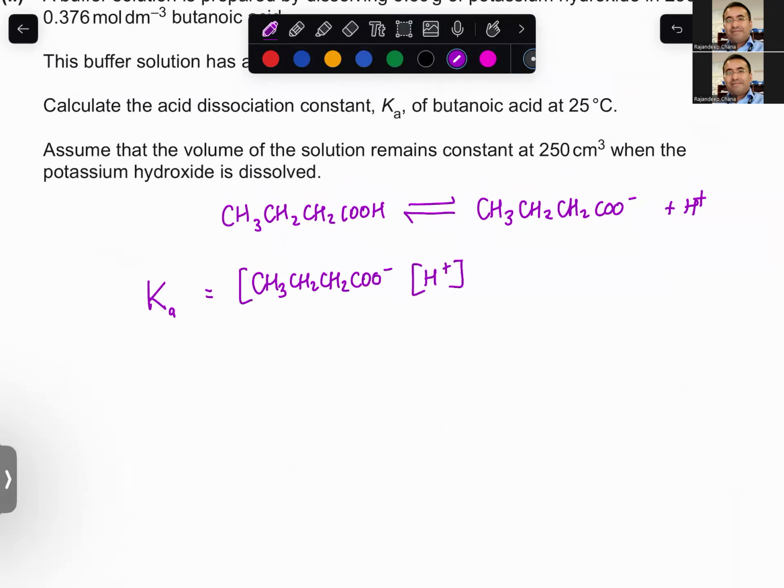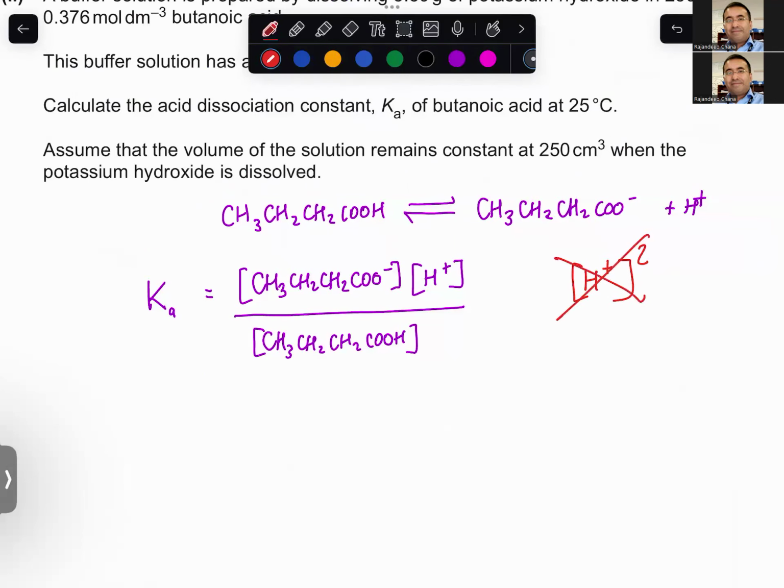You see, when you're dealing with a buffer solution, the top part of the expression is not equal to H plus squared. No, no, no. The concentration of the ion is the concentration of the salt that's used to make the buffer solution.